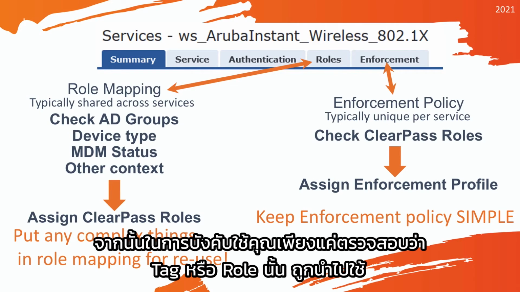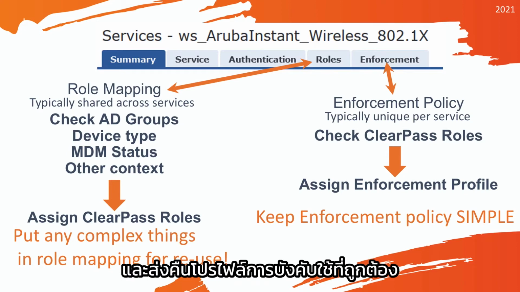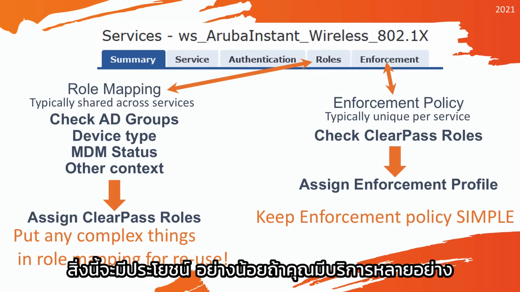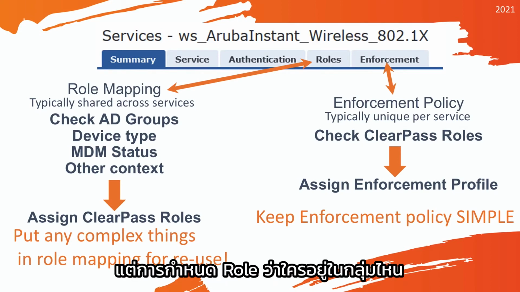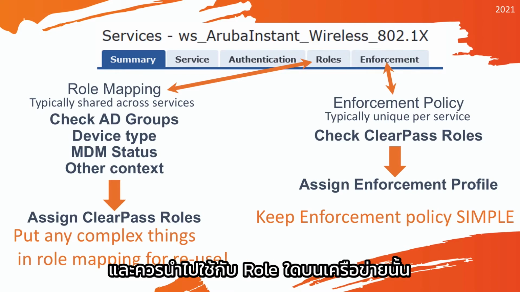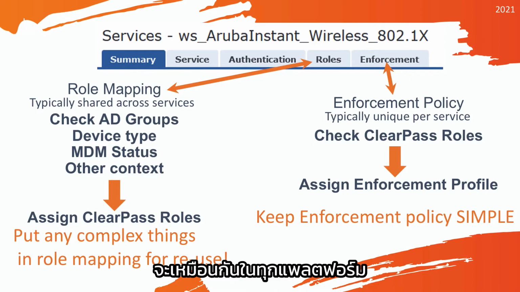And then in the enforcement you just check if that tag or role is applied and return the correct enforcement profile. This will be handy at least if you have multiple services, for example for wired and wireless, because the enforcement might be different, but the role determination, who is in what group and should be applied what role on the network, that will be the same across all the platforms.